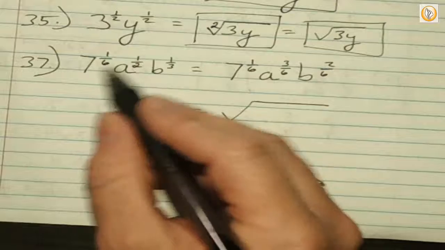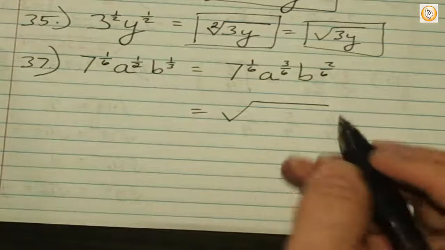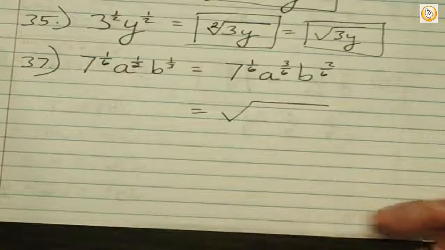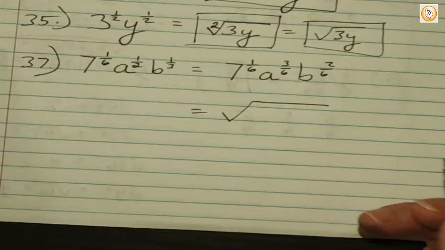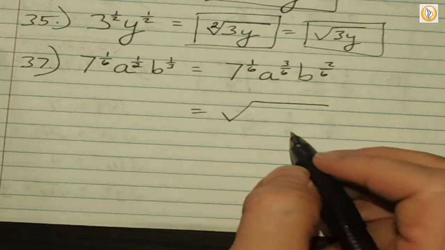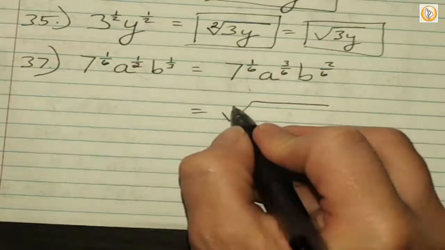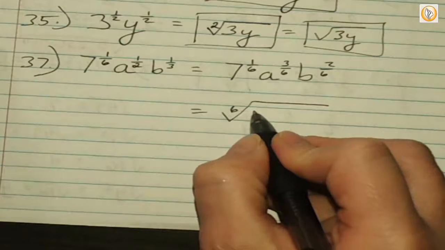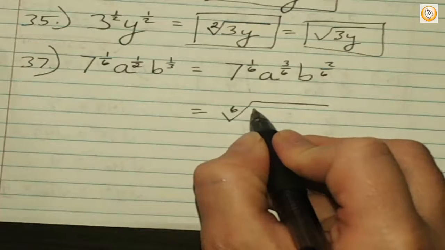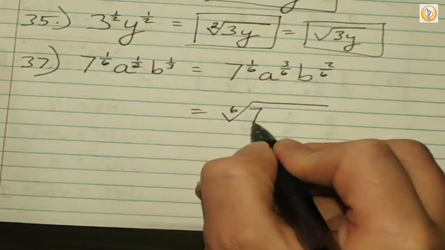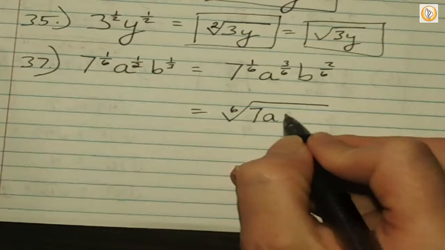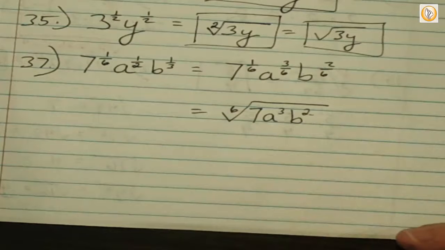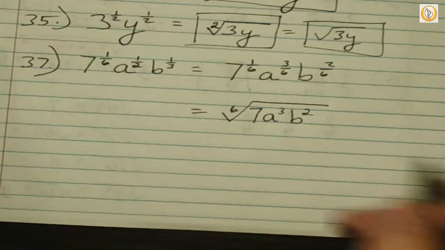We're taking it from here to radical. So tell me, first, what do I do with the 6s? The checky thing? All right. Now what? 7 in the first thing, A with the power of 3, and then B with the power of 2. There you go. And you're done.